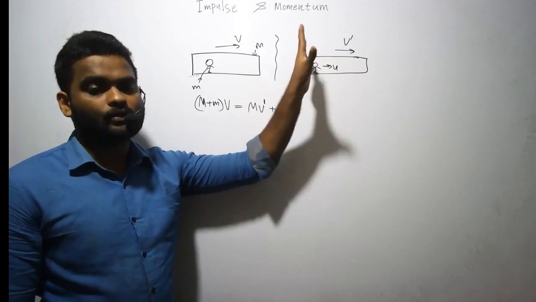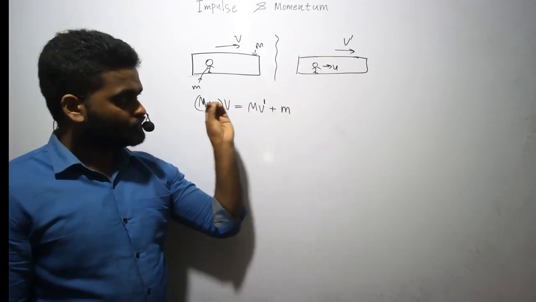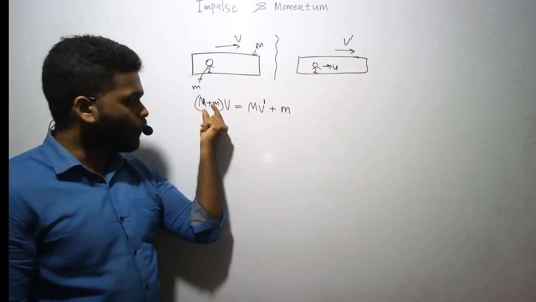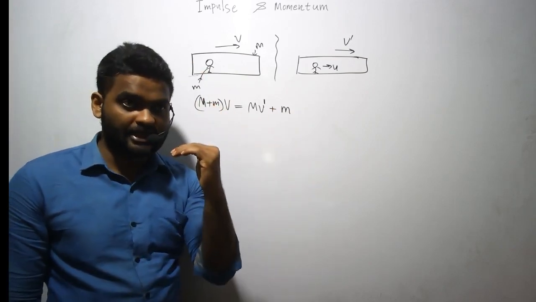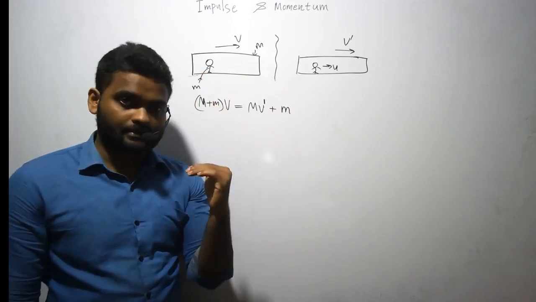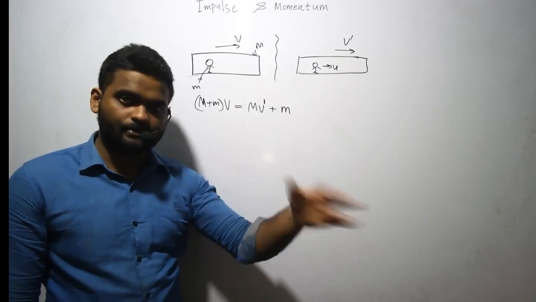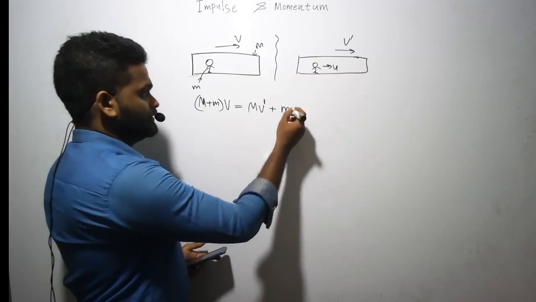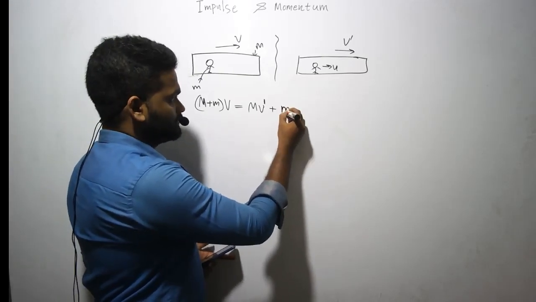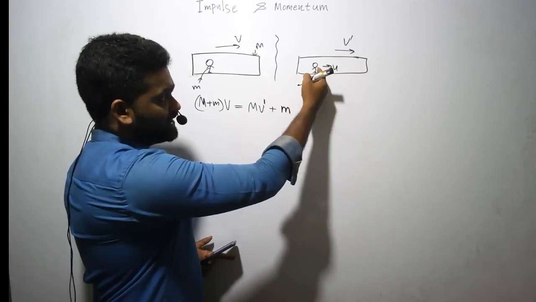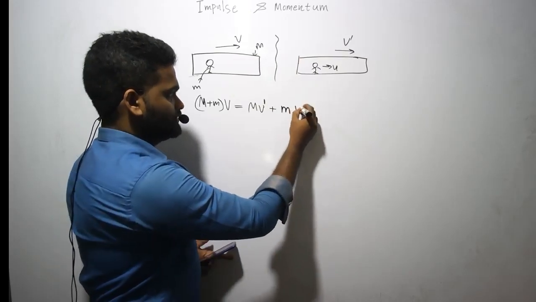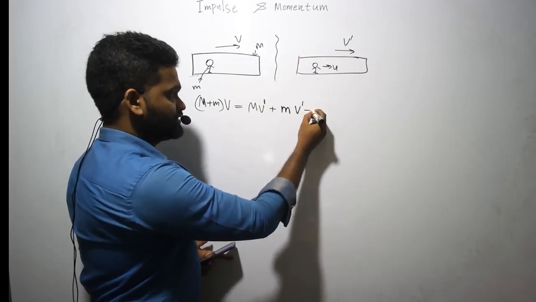The other thing is, when you apply this equation, all the terms should be relative to the Earth. Remember that. So you have to find the velocity of the man relative to Earth. The velocity of the man is V dash plus u.